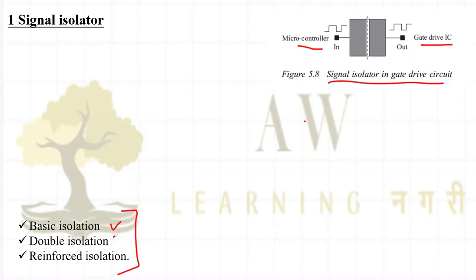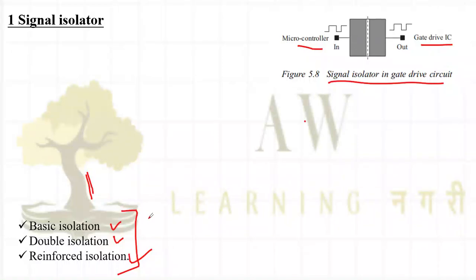But when there is much more importance on the safety and protection side, double isolation is used, meaning two layers of isolation. Then there is a third kind of isolation, the reinforced isolation. What is reinforced isolation? Reinforced isolation is a kind of single-layer isolation but having the strength of double isolation.